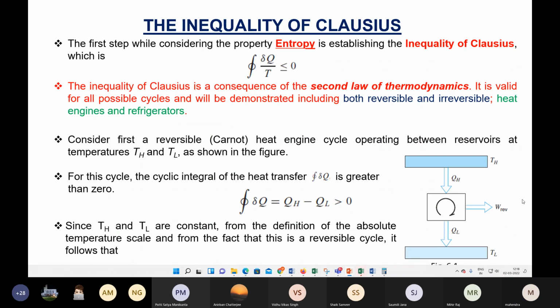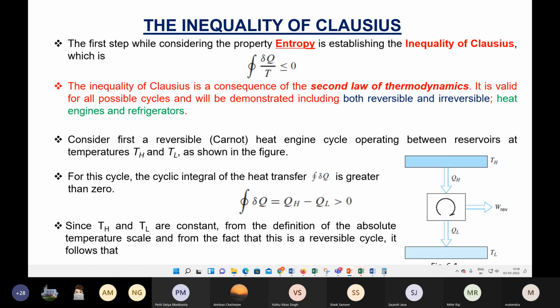But the reverse cannot be possible. TL higher than TH is possible if you assume it as a refrigerator or heat pump. But here we are considering it as a heat engine. In the case of a heat engine, the always-possible condition is that TH is much greater than TL.